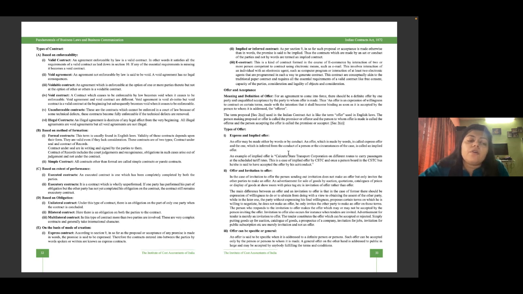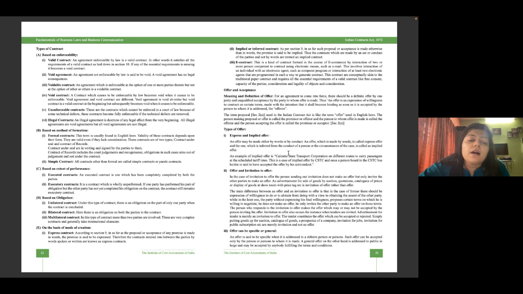And the contract of record includes the court judgments and recognizances, where obligations in such cases arise out of the judgment and not under the contract. Now, simple contracts are those which are formally called simple contracts or parole contracts.